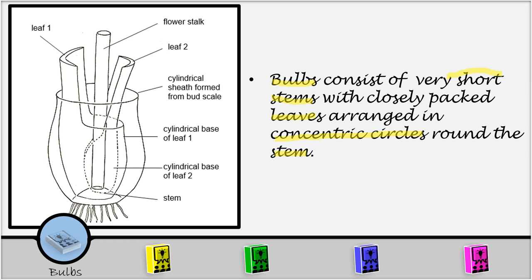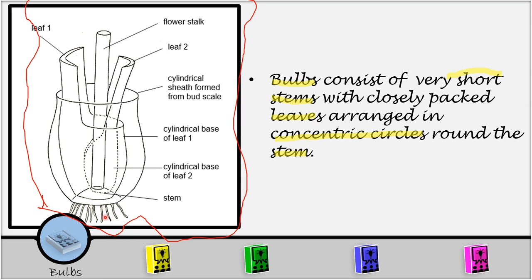So we are looking at bulbs, and we are saying that the bulbs consist of a very short stem with enclosed packed leaves arranged in concentric circles around the stem. So let us look at our structure here. It's going to give us a framework of a bulb.